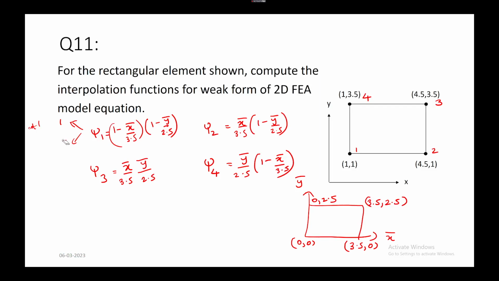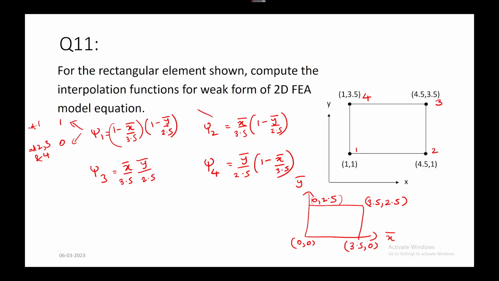In all other points it will be 0. You can simply verify by substituting the points. And remember, while substituting, if you are substituting in x bar y bar, you have to substitute the corresponding x bar y bar values, and if you are going for the xy coordinate, you have to substitute the xy coordinates. So this will be 0 at 2, 3 and 4.